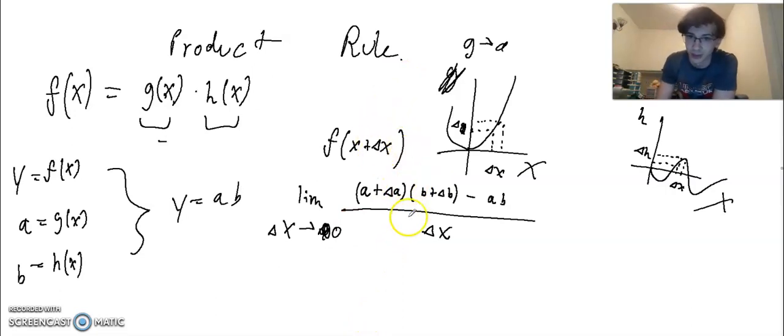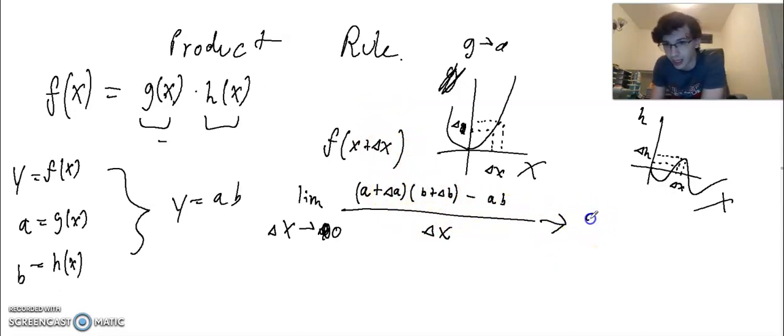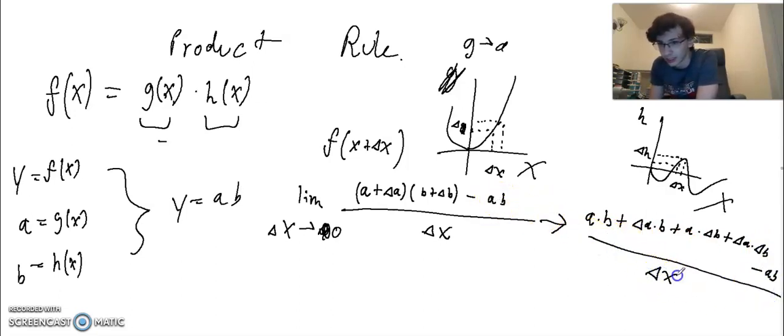Hopefully that makes sense. But now, let's FOIL this out. So we got a times b, plus delta a times b, plus a times delta b, and then delta a times delta b, minus ab, as from this part, all over delta x.